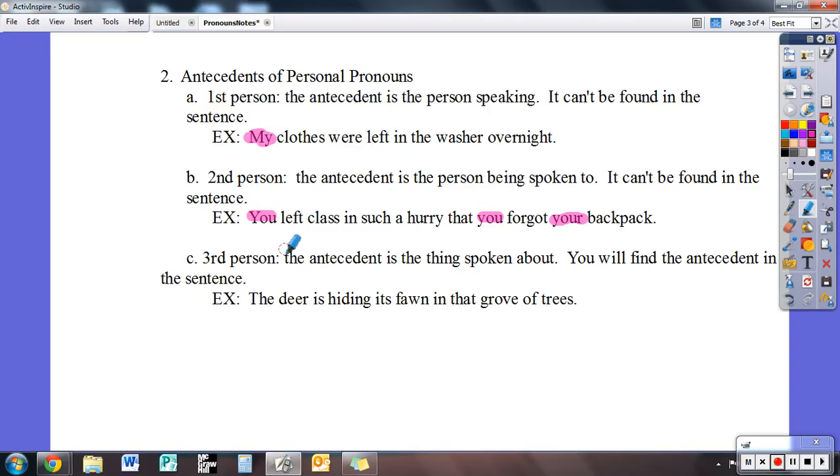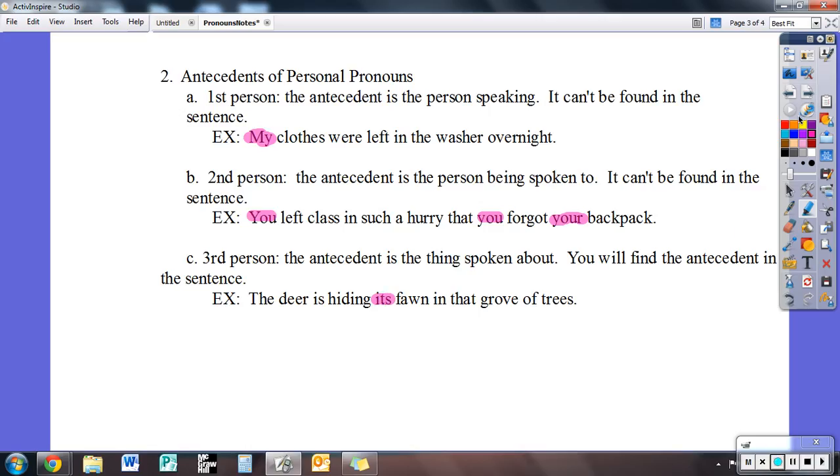Now, third person, the antecedent is the thing that you're speaking about, and you will find the antecedent in the sentence. So let's take a look here. The deer is hiding its fawn in that grove of trees. First we have to highlight the pronoun, its.